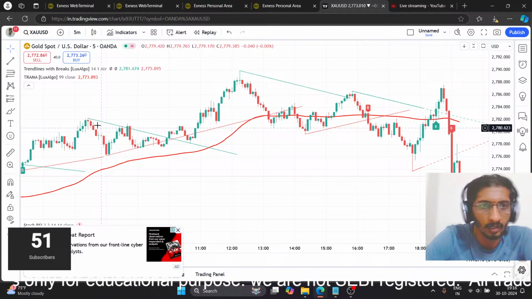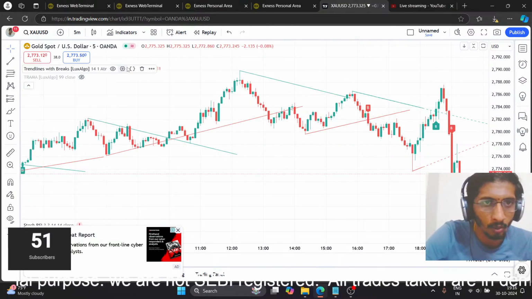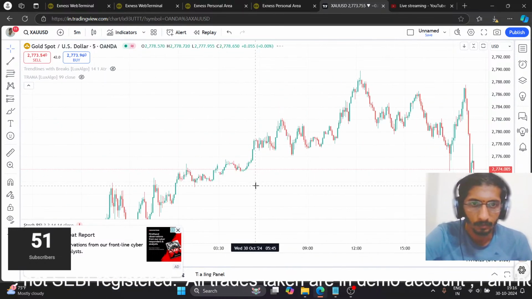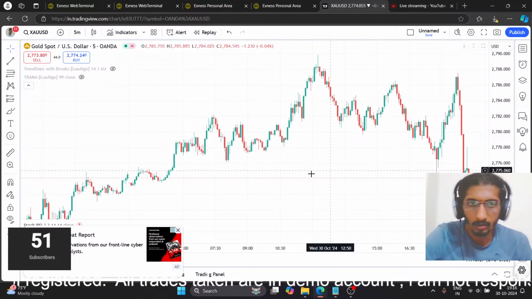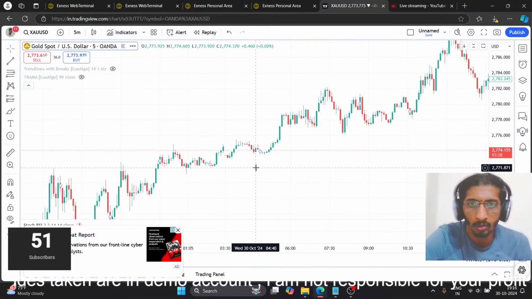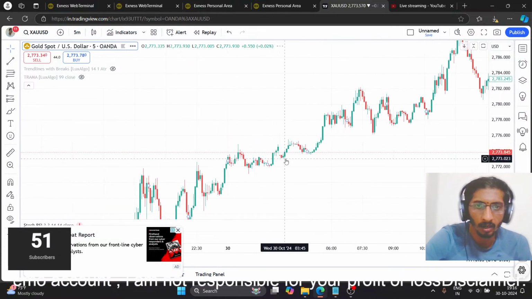So these are trend lines. I'll just hide them and show you how to draw a trend line. For example, let's say the market is trending here. I want to see whether the market is in an uptrend or downtrend.